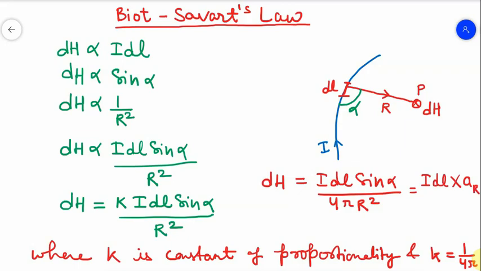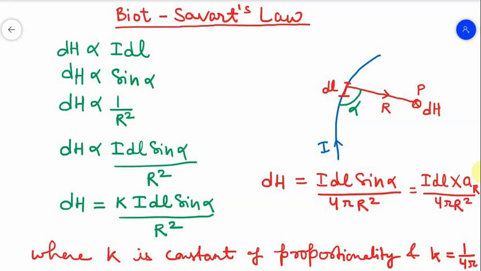So in IDL cross aR, aR is the unit vector in the direction of R. Now some of you might not understand this, because you might be thinking where this sine alpha went. You know that for two vectors, a cross b, we write the magnitude of a into the magnitude of b into the sine of theta between them. So here also we have considered the reverse process.